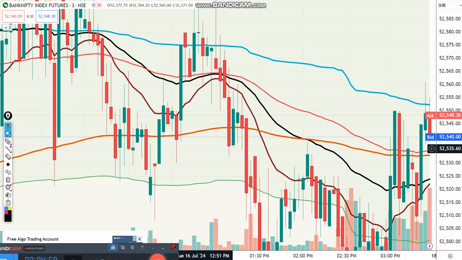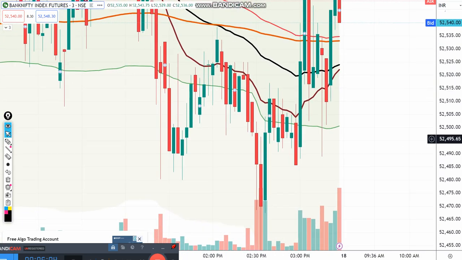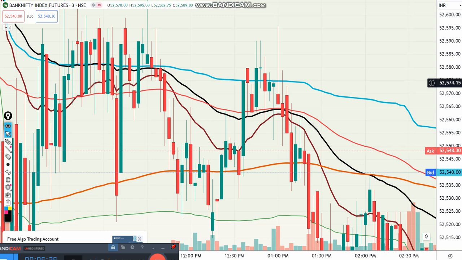After that, the 50 EMA crossed the 200 EMA. There was a candle here, and it resulted in another candle after this. So overall, it was a good setup actually, but I missed it with the sideways market, and I lost all my money in the sideways market.